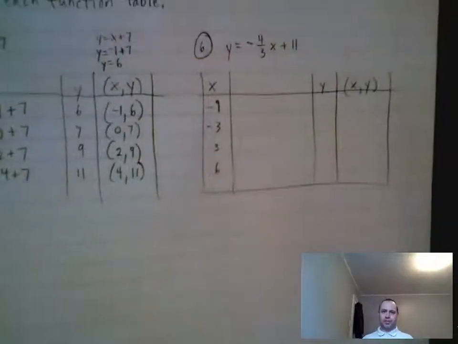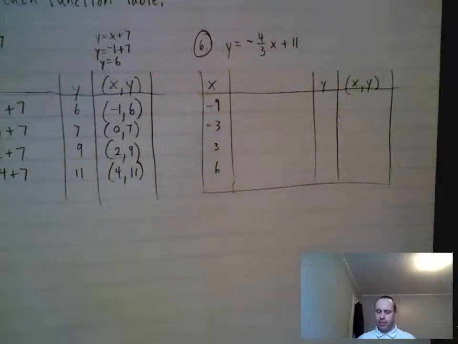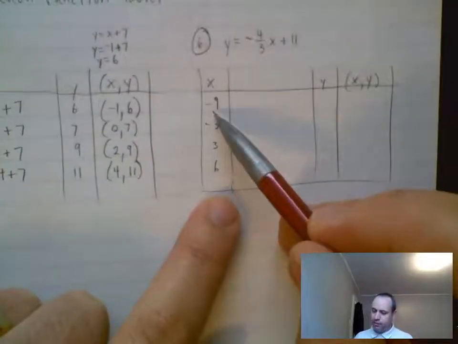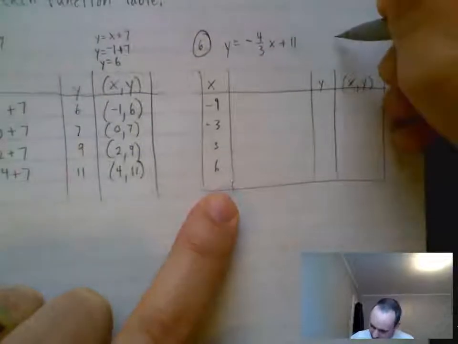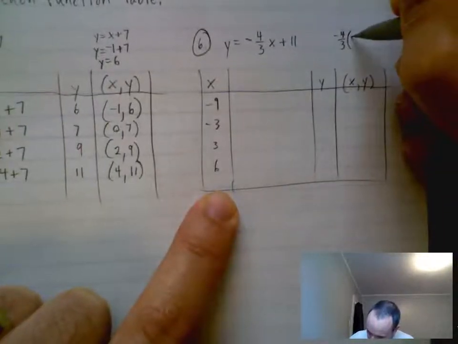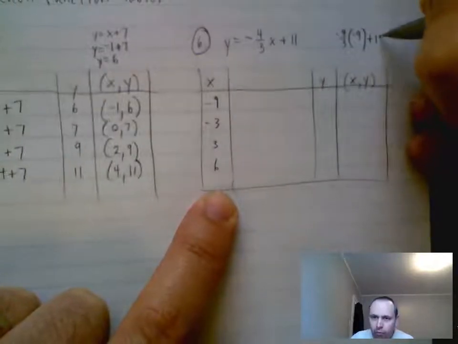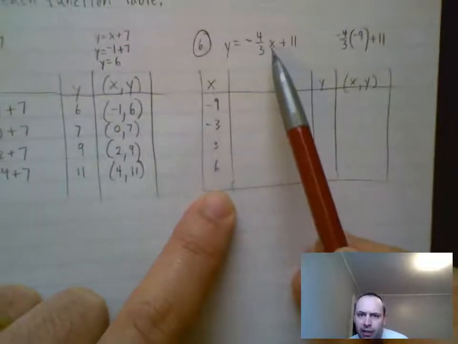All right, so let's go ahead and take number 6. Go ahead, pause that if you need to, and then we'll go from here. Okay, so in this one, we're given the x is -9. So when x is -9, let's plug it in here. So I'm just taking the -9, putting it in here for x.